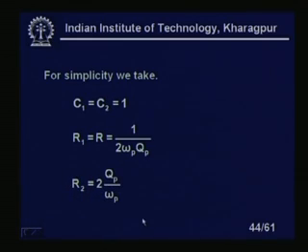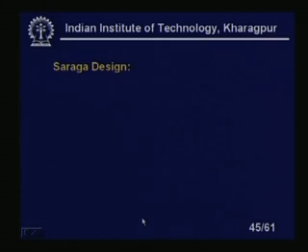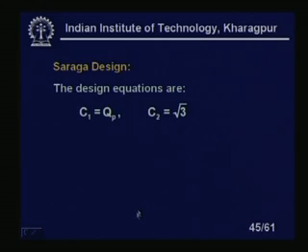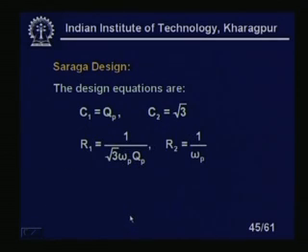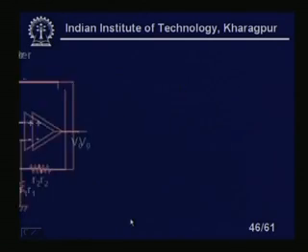So, R2 equal to 2 q p by omega p. Surrogate design for these high pass structures, C1 equal to q p, C2 equal to root 3. So, R1 equal to 1 upon root 3 omega p q p and R2 equal to 1 upon omega p. Small k equal to R1 plus R2 by R1 equal to 4 by 3.